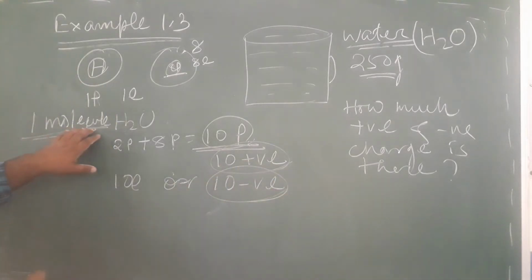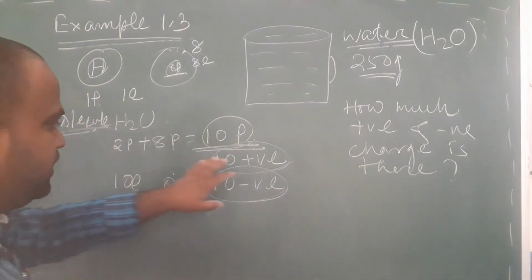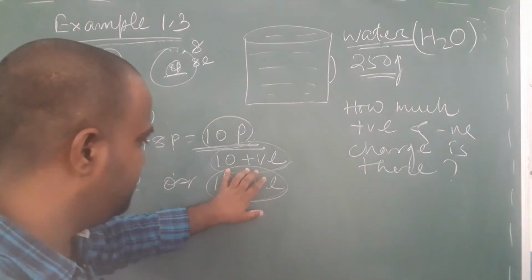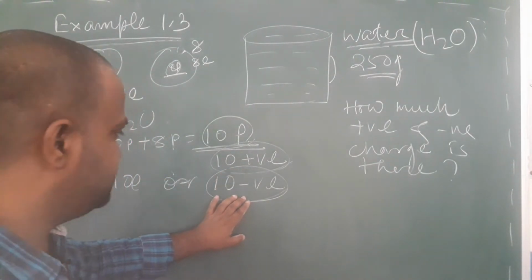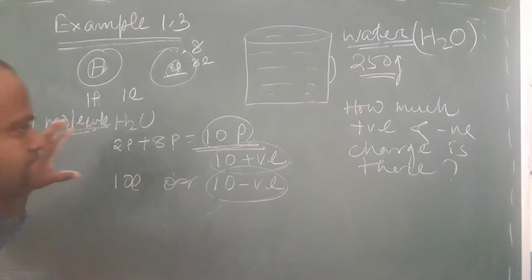So in one molecule of water, 10 positive charges and 10 negative charges are there. Clear?